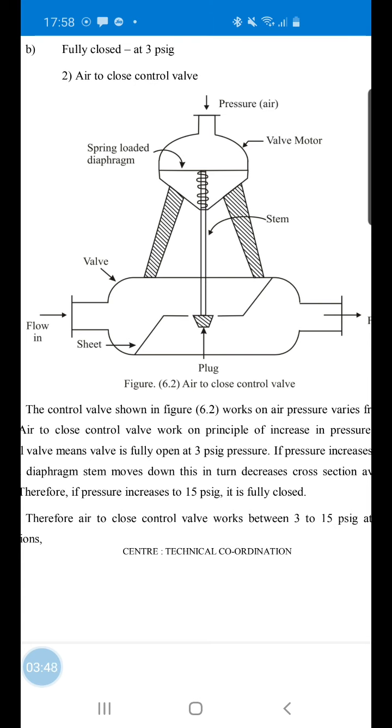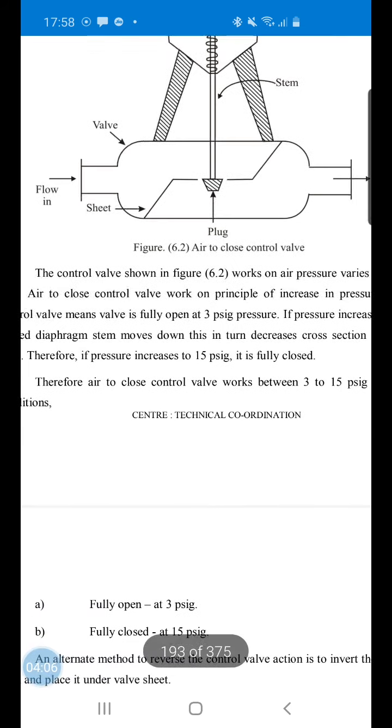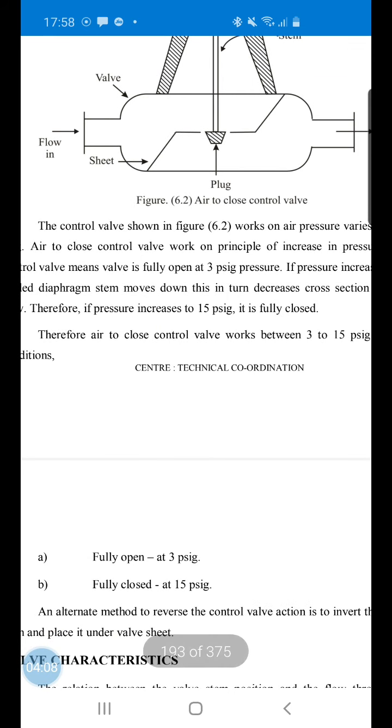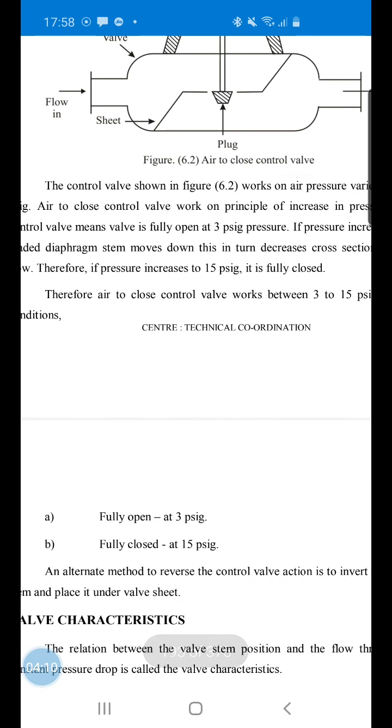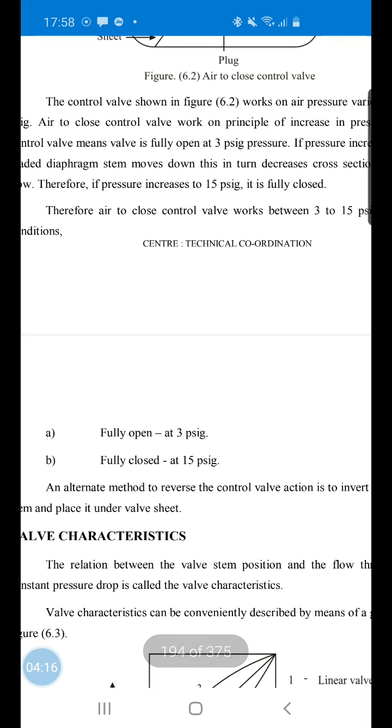So you can see the different pressure conditions for air to open and air to close control valve. In air to open control valve, it is fully closed at 3 psig and it is fully open at 15 psig. But in case of air to close control valve, it remains fully open at 3 psig and it becomes fully closed at 15 psig.